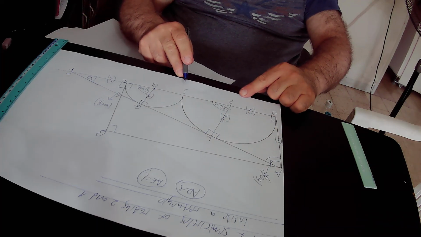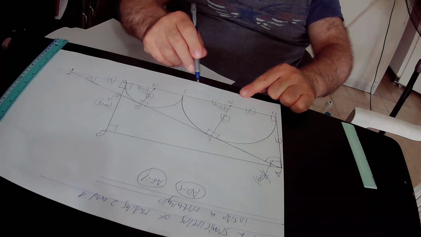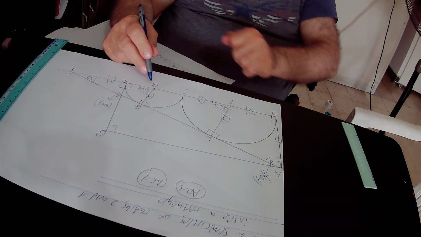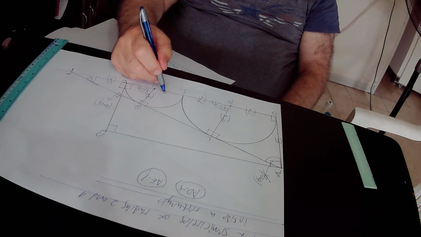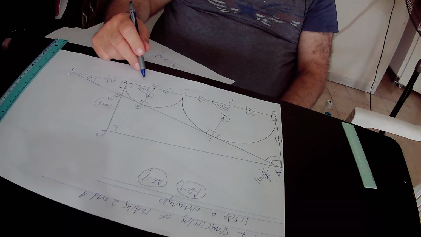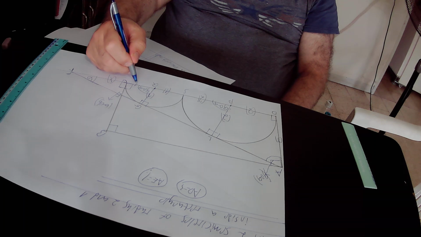PS is also the radius of this big semicircle, that is equal to 2. Likewise, QS is the radius of this small semicircle, that is equal to 1. And finally, QC is also a radius of this small semicircle, that is equal to 1.